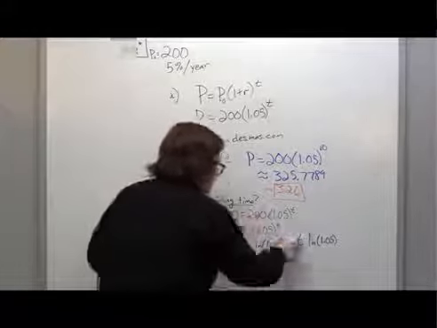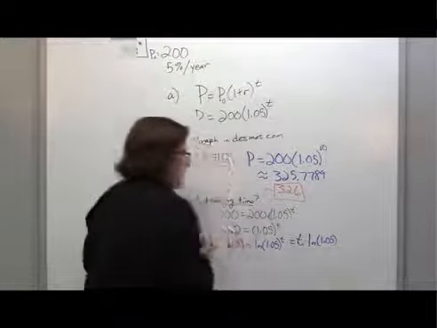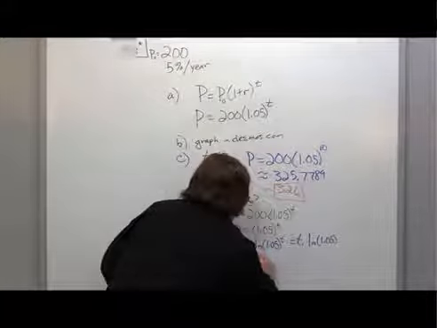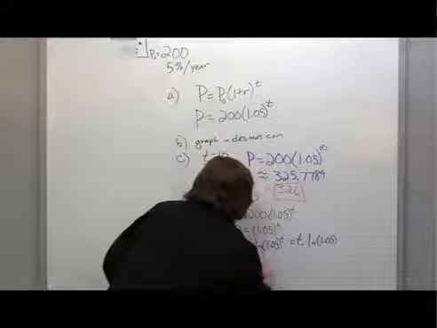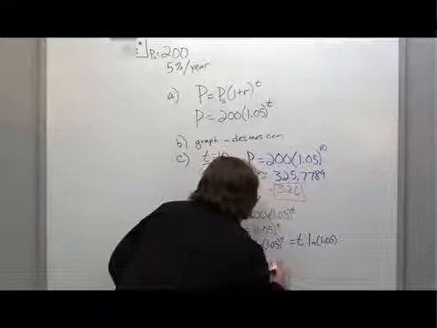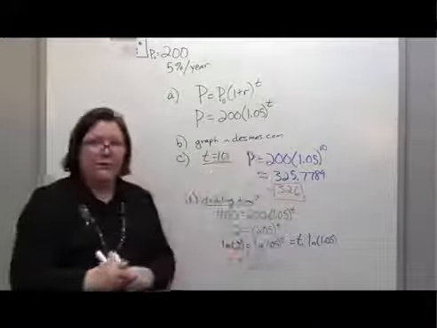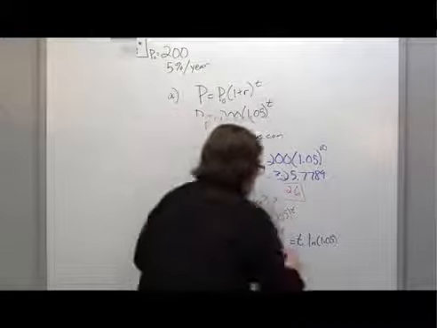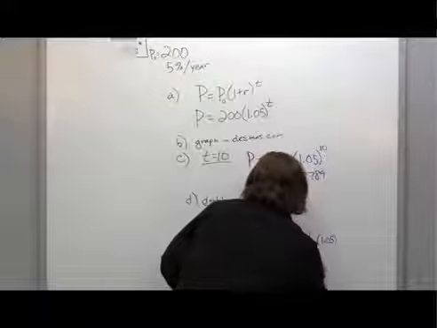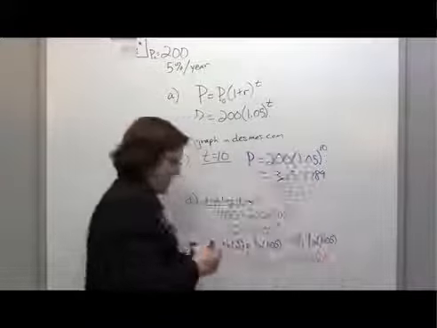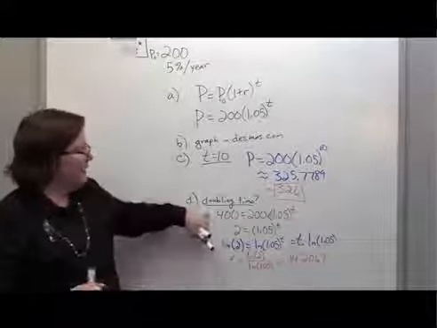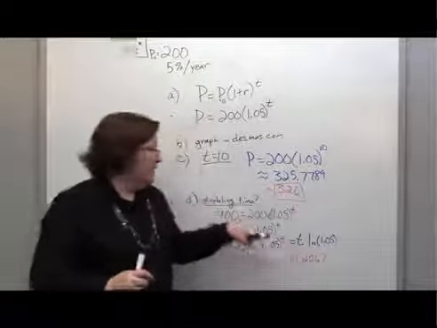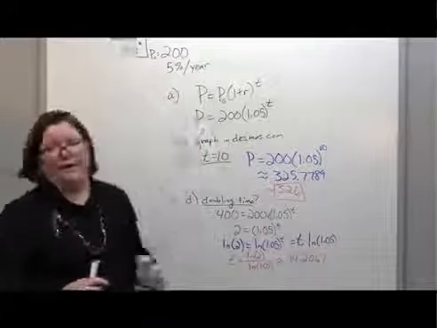So then we get the exact value: T equals ln of 2 divided by ln of 1.05. And when we plug this into our calculator, we're going to get about 14.2067. So that's saying in a little over 14 years, the population will double with this kind of exponential growth.